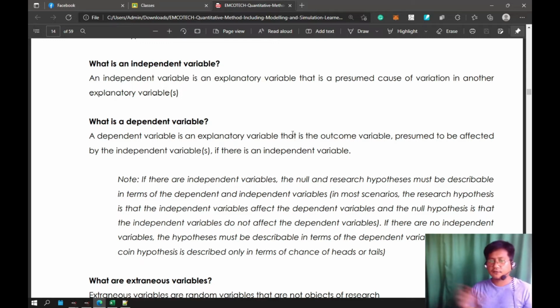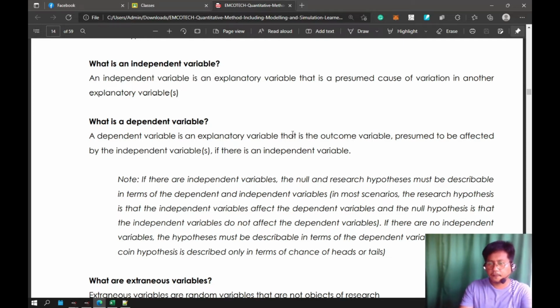So if there are no independent variables, the hypothesis must be describable in terms of the dependent variables only. Like for example, the fair coin hypothesis is described only in terms of the chance of heads and tails. So the outcome there is how many heads and how many tails will result from tossing the coin 20 times.